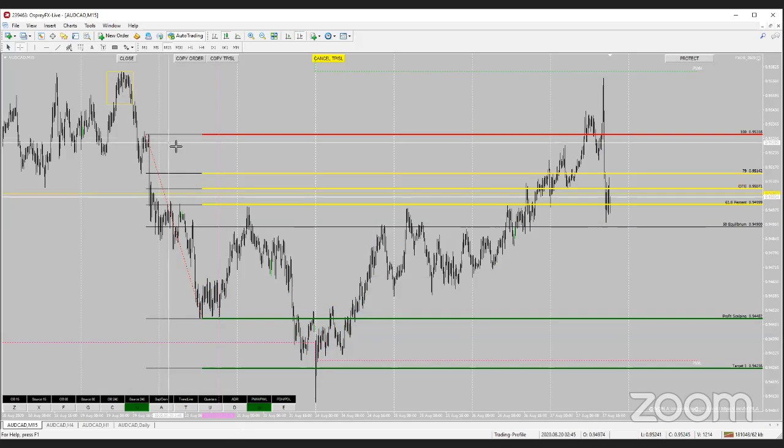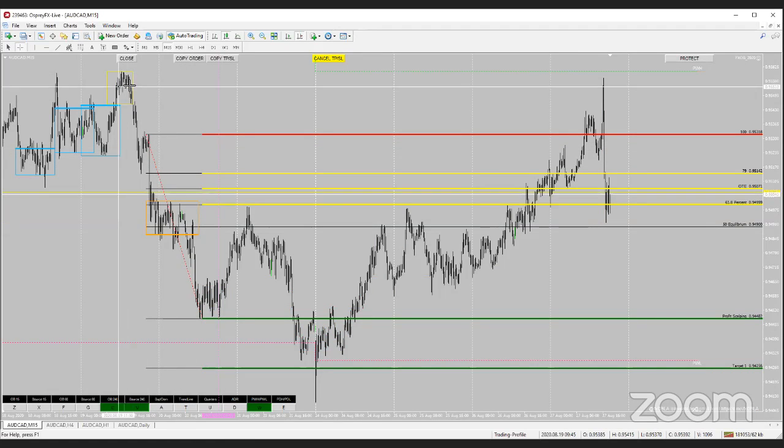So on a 15-minute, using a bearish order flow, because this was a bearish order flow at this time, this is an order block, and it's taking the swing high of that order block to the swing low of the order block. This was the retracement value at this time, okay?